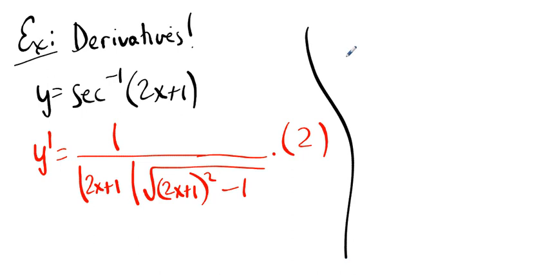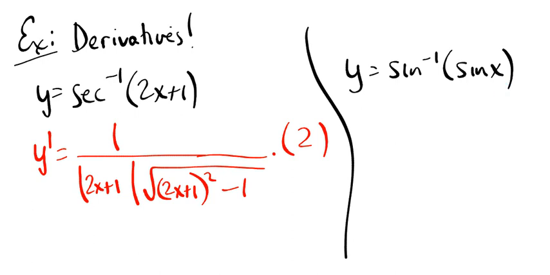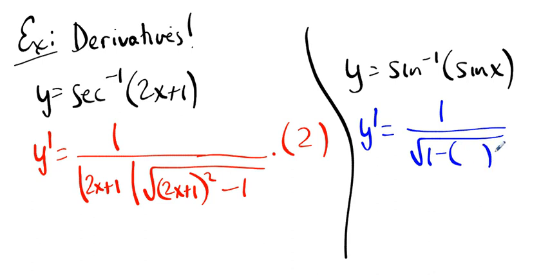Or I might say, let's find the derivative of the inverse sine of sine x. Well, I know how to do that. The derivative of inverse sine from a couple of slides ago was 1 over the square root of 1 minus the thing squared. And then we would multiply by the derivative of the thing.